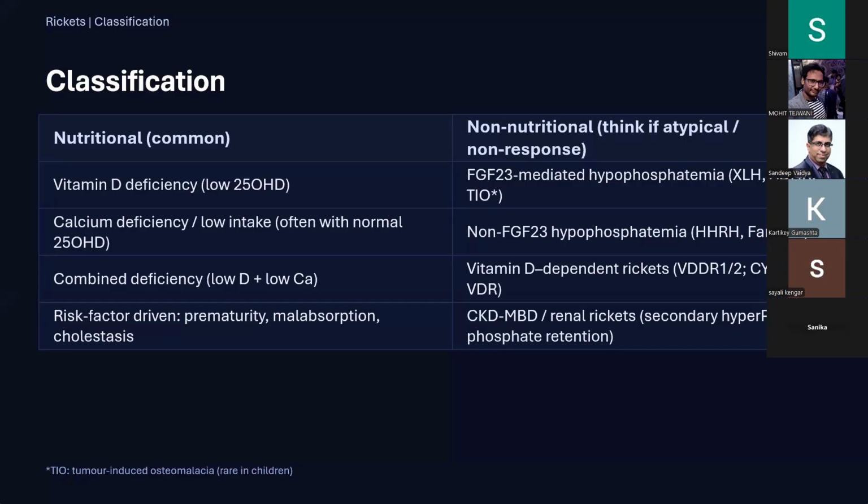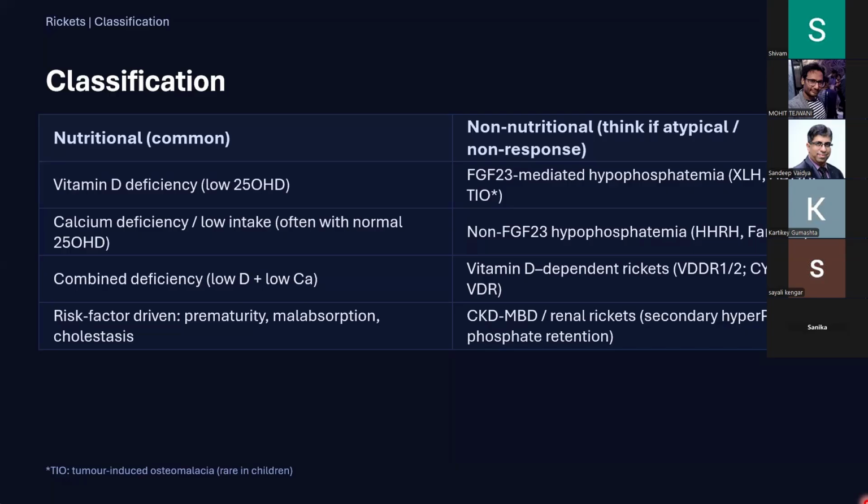Now, to classify, we basically classify rickets into nutritional and non-nutritional types. Nutritional is when there is a deficiency of any of the required elements that we previously discussed, such as vitamin D deficiency, in which there is low vitamin D storage or low vitamin D intake, or a deficiency due to any malabsorption or cholestasis.